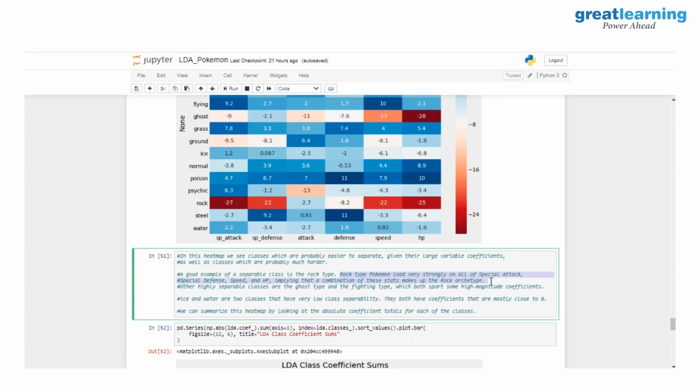And so what we can say is the rock archetype of Pokemon is clearly coming out by studying its SP attack, SP defense, attack, defense, speed, HP characteristics, because we are able to see a lot of dependency of this archetype on these characteristics. Whereas something like ice and water have very little separability, which in other words means that I won't be able to classify or separate them on a linear basis. That's the overall idea of whether we can apply LDA or not.